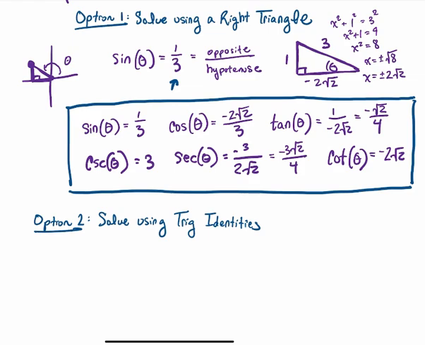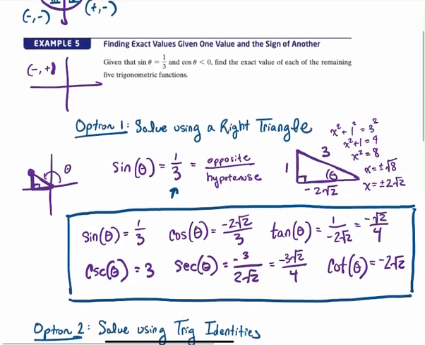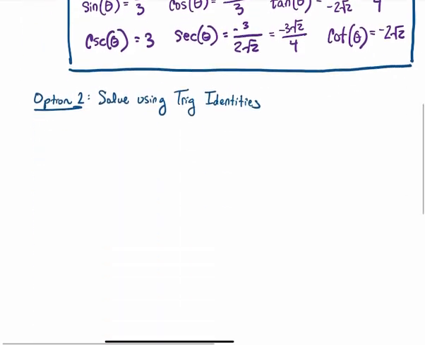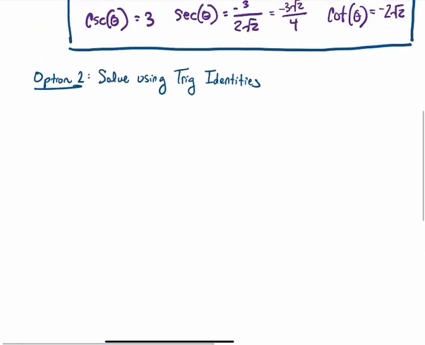So let's go back to what information we started with. We said that sine of theta is 1 over 3, 1/3. And if I have the sine and the cosine, I can get the rest of my trig values.